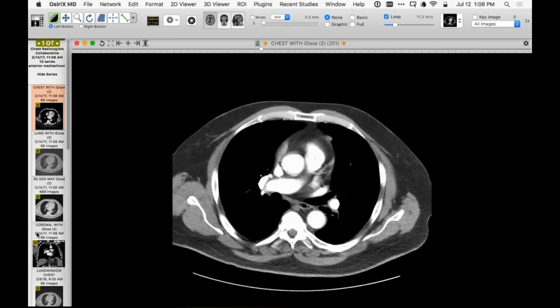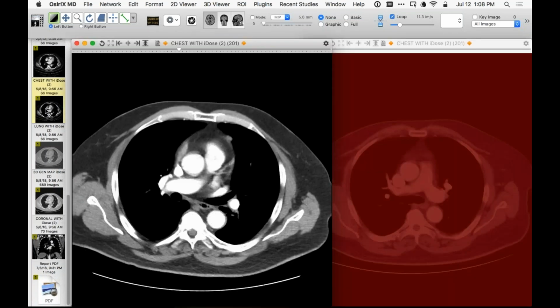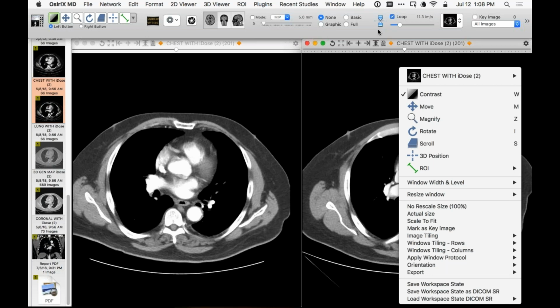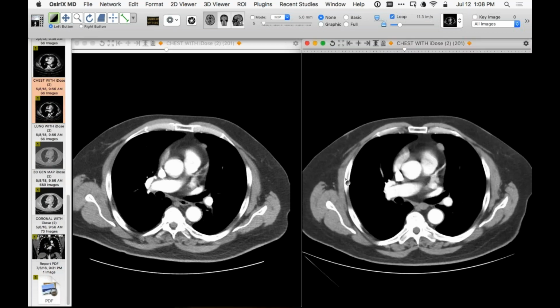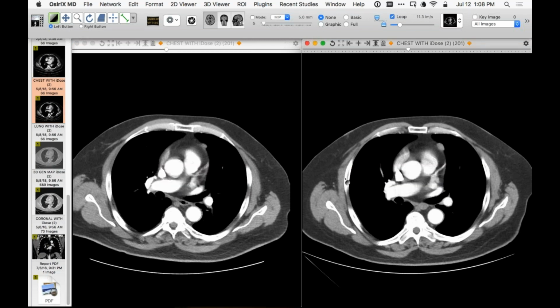Let me bring up alongside the most recent one, which is from May of this year, and we can see that it is a little bit bigger. Let me try and keep that from synchronizing. So there it is. It's slow enlargement between February and May for a lesion like that.